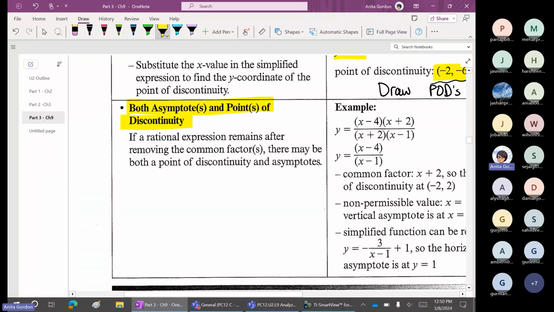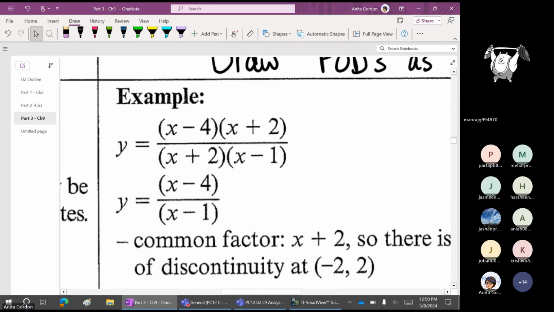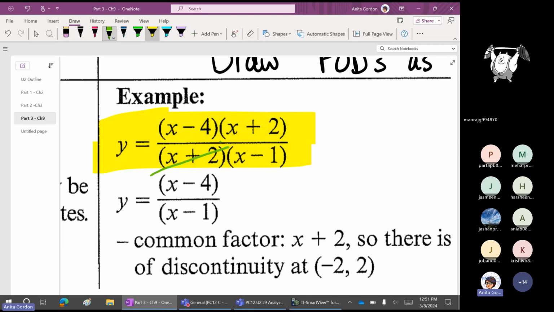Okay, so in our last example, we're going to do both. A POD is a factor you can cancel. An asymptote is a factor you cannot cancel. So here is my original equation. Y equals x plus 4, x plus 2 over x plus 2, x minus 1. I see a common factor, x plus 2, x plus 2. That means I have a hole at an x value of -2.